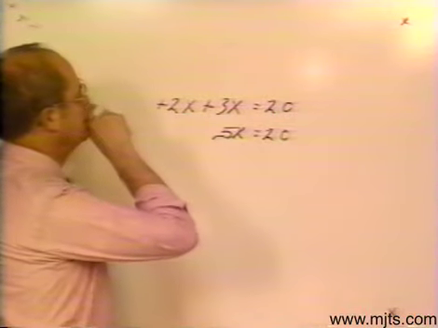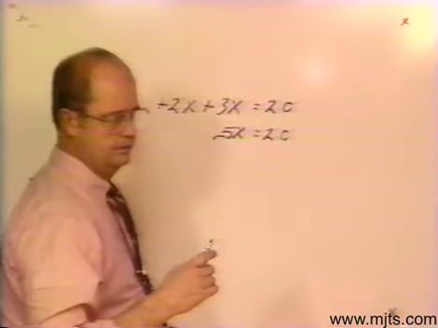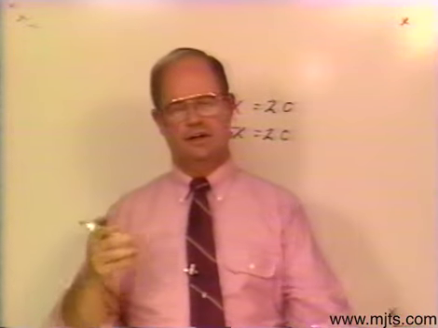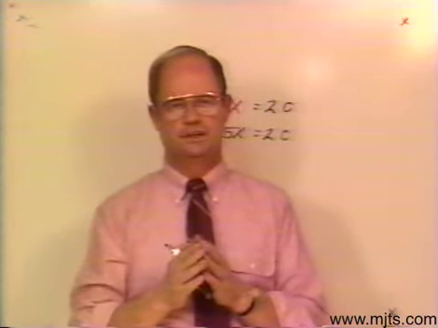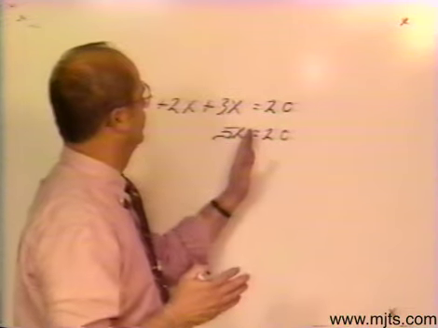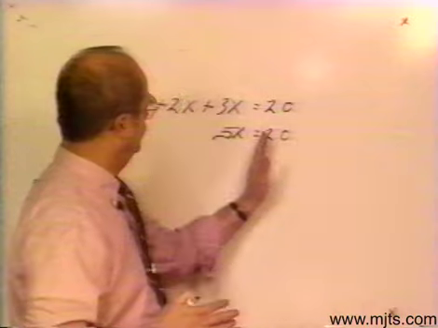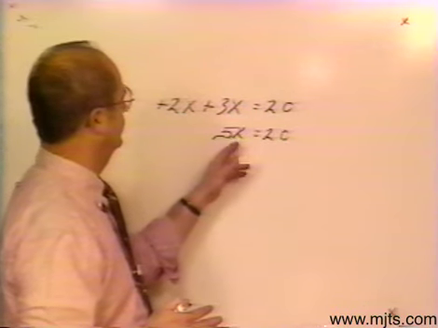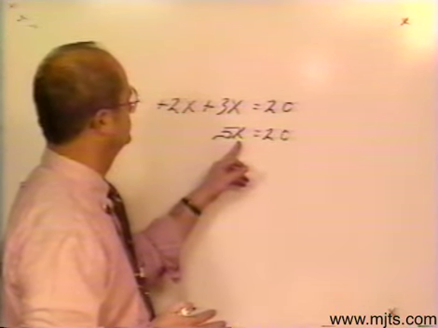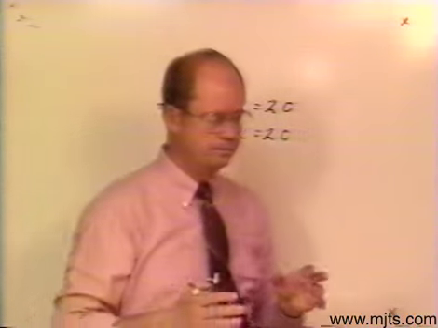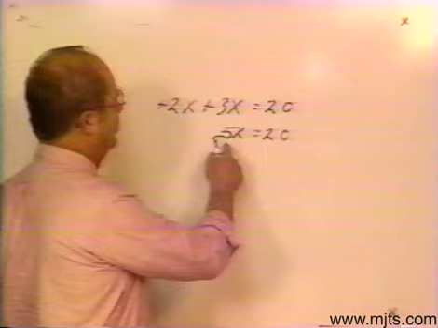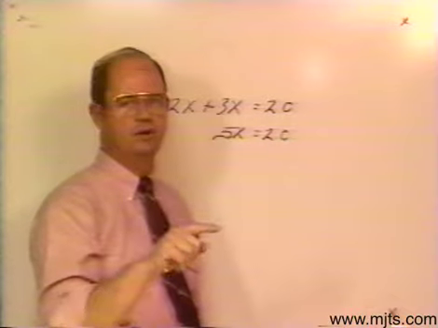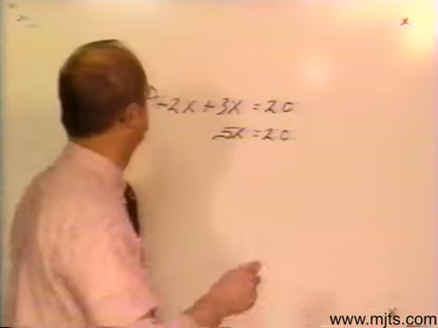Now, in our work with algebra, anytime we have an equation, you've got a situation there where one side is equal to the other. Now in this case we're looking for the unknown x. Now if x is being multiplied by 5, to get one x by itself, what I'm going to have to do is divide by 5.